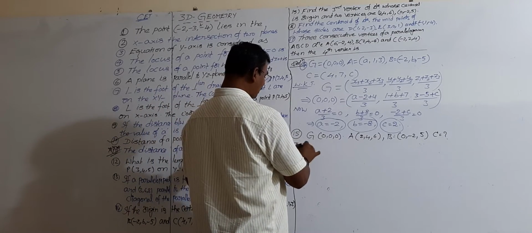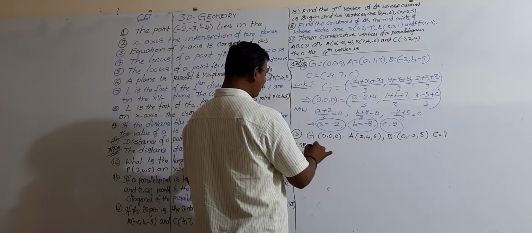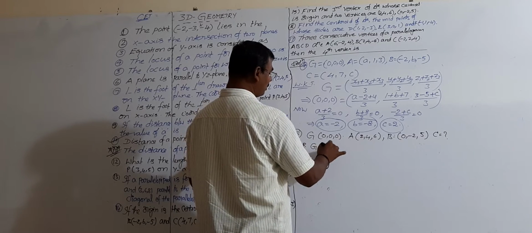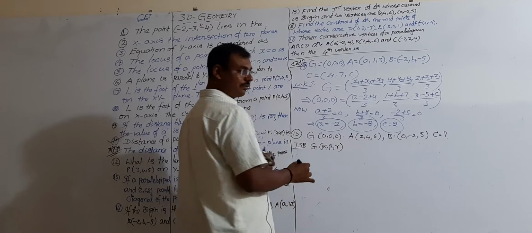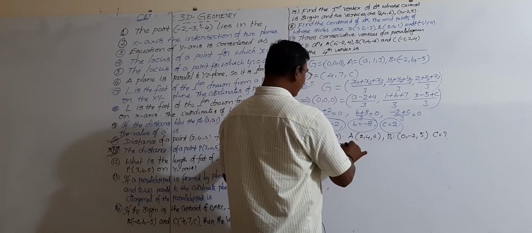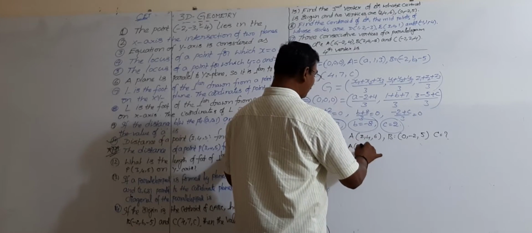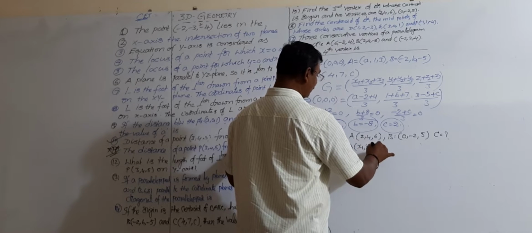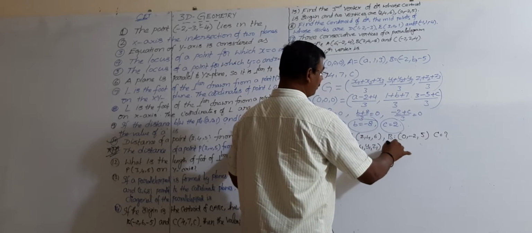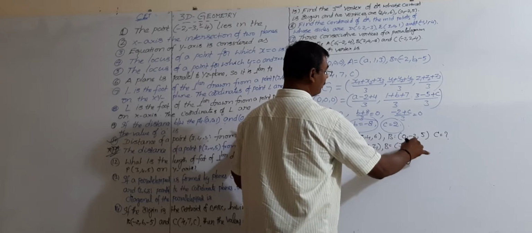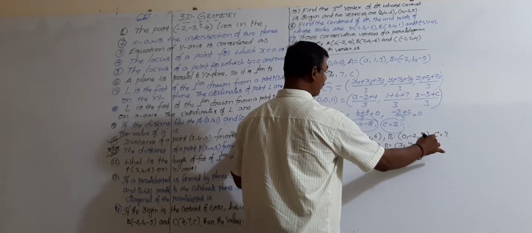All of you remember this. I am taking the centroid as alpha, beta, gamma. Vertex A is equal to x1, y1, z1. Vertex B is equal to x2, y2, z2. Two vertices are given.